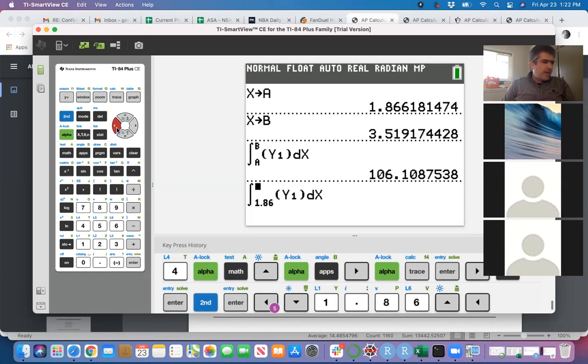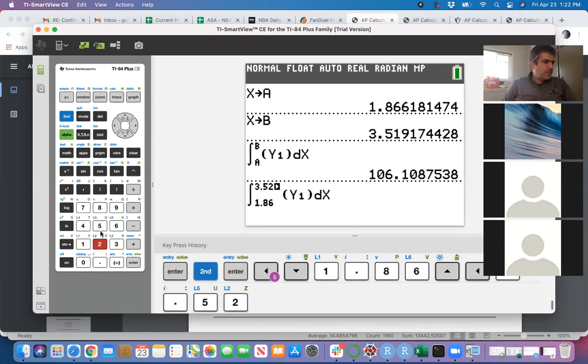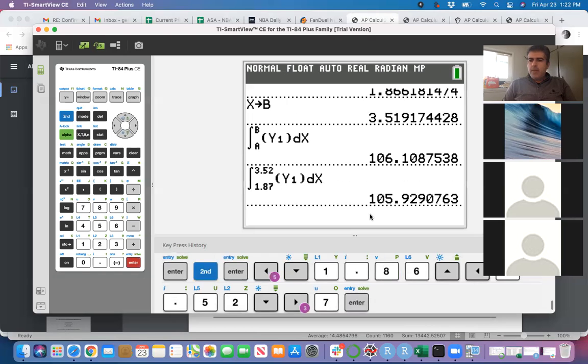And let's say I did this one as 3.519, so it's just 3.52. And actually, let me round that one also, 1.87. My answer would have been off by a little bit. That is why you have to store this stuff. You have to store it because you're not going to get the point for the answer. It would suck that you didn't get it because you were so close.